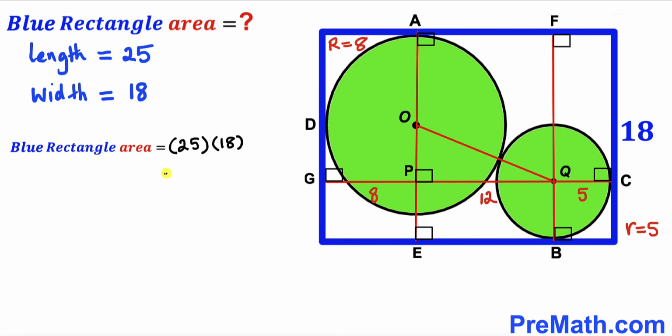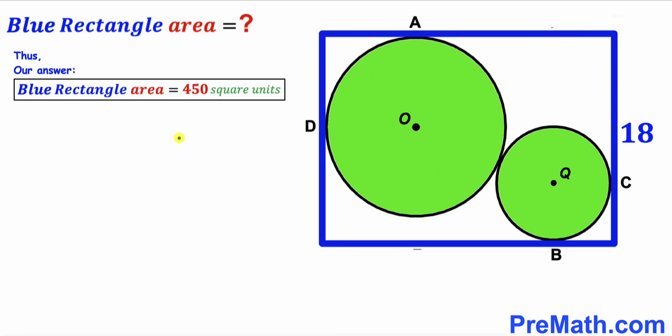If we multiply, that is going to give us 450 square units, the area of the blue rectangle. So after all the calculations and manipulations, the area of this blue rectangle turns out to be 450 square units. And that's our final answer.